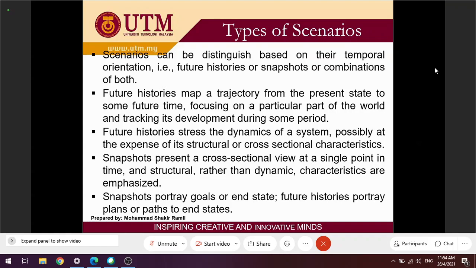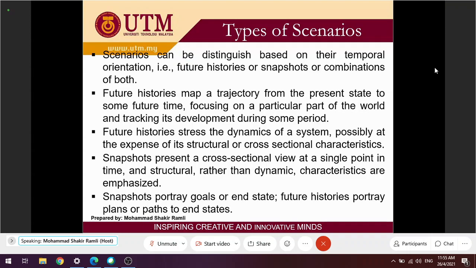Future histories map a trajectory from the present state to some future time, focusing on a particular part of the world and tracking its development during some period. More or less like future timelines, starting from now, from today, and then next week, next month, or next year, maybe 1 year later, 2 years later, 3 years, 5 years later.